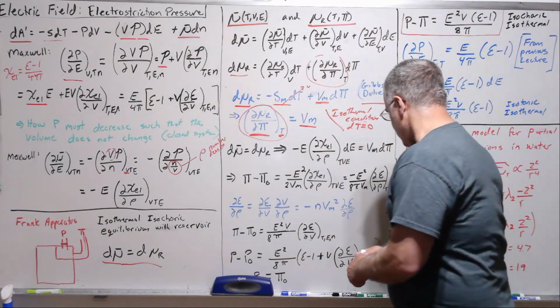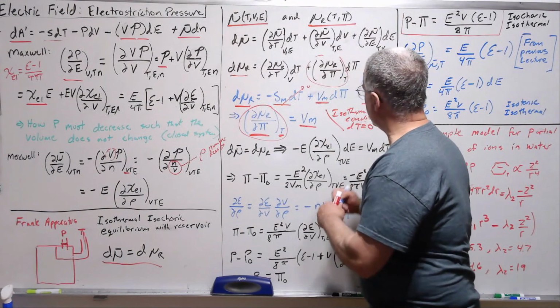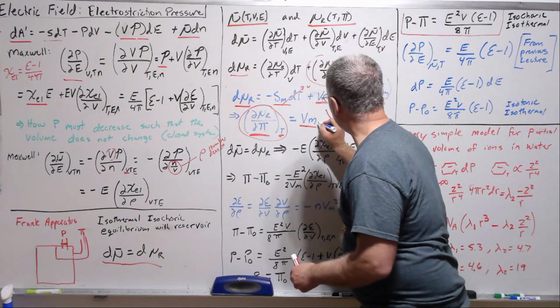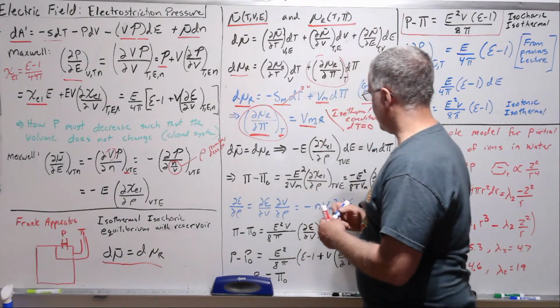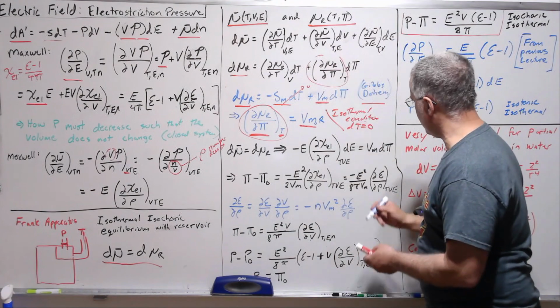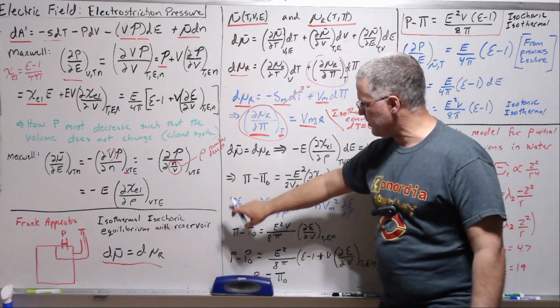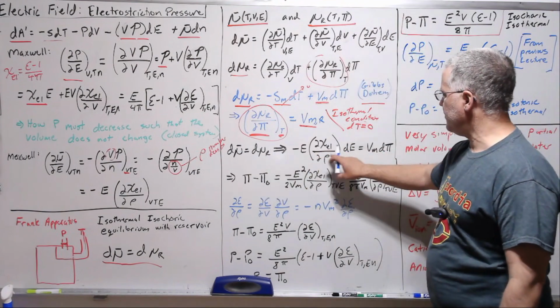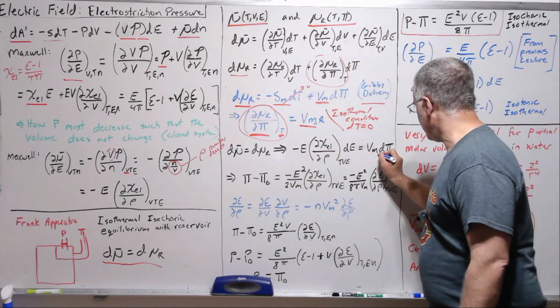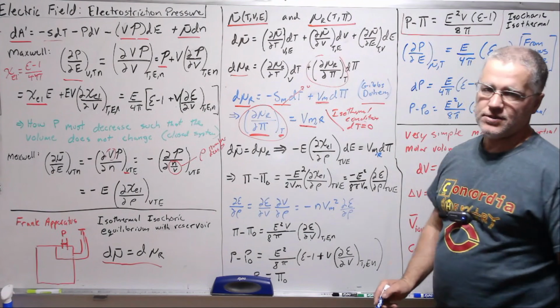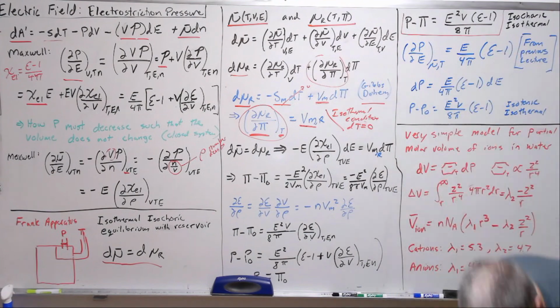And actually I should be a little careful here. This is for the reservoir, so I'm going to put a reservoir label here. We'll carry this through all the way. So now we'll take the equilibrium condition, set these equal to each other, and so this should be reservoir. This is the molar volume within the reservoir.